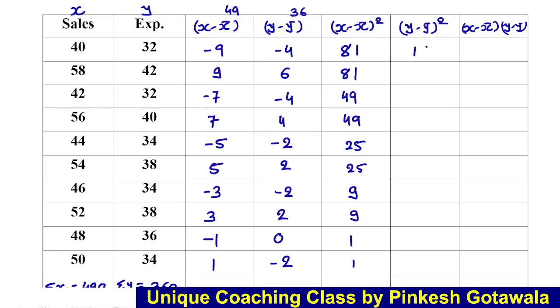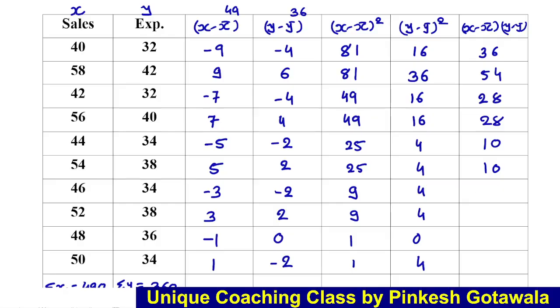This side 16, 36, 16, 16, 4, 4, 4, 4, 0 and 4. Now multiply: 36, 54, 28, 28, 10, 10, 6, 6, 0 and minus 2.